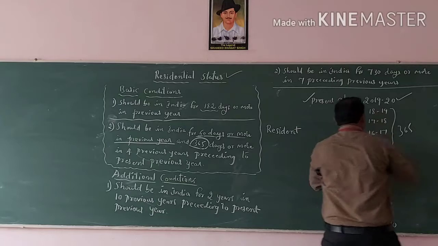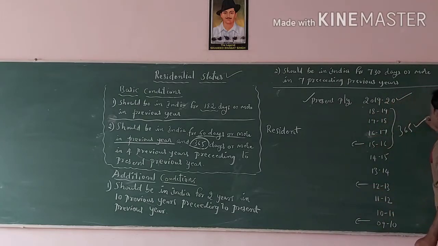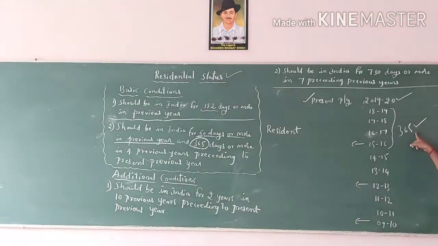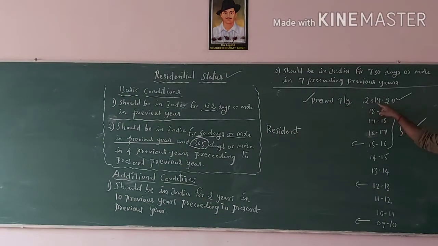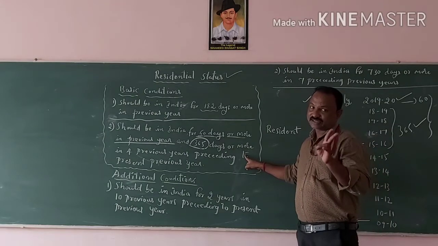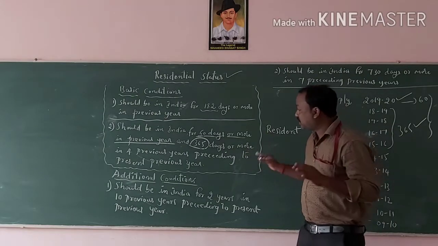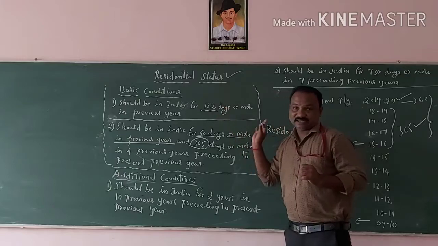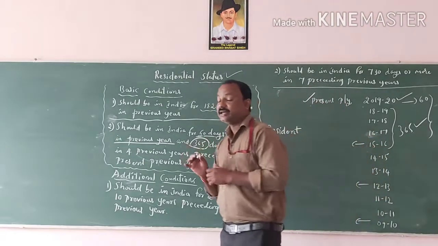In these 4 preceding previous years, he has to stay in India for 365 days. If he stays in India for 60 days during the present previous year, and also for 365 days in the preceding 4 previous years, then basic condition number 2 will be fulfilled. So these are the 2 basic conditions.